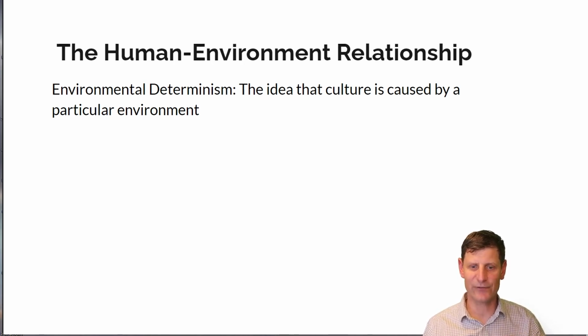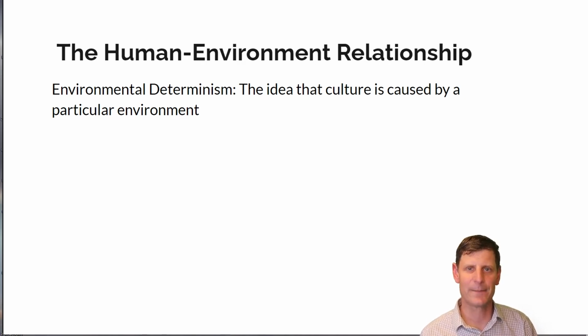And if it's different, which it always is if you travel someplace different, right? There's different cultures in different places. If you say, oh, these people have a very distinctive culture, and it must be because they are here on this island. This island caused their culture.